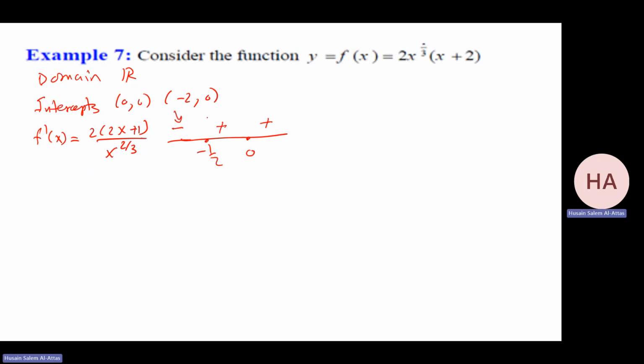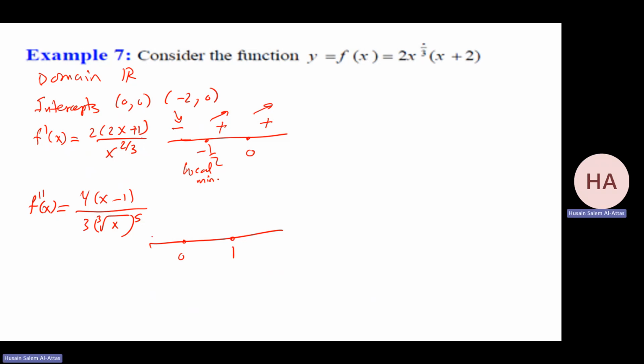So it's decreasing, then increasing, increasing. Okay. But I have a local minimum here. F double prime, if you do the calculations, you'll get something like this: 4x minus 1 over 3 cubic root of x to the power 5. So I'm concerned about 0 and 1. 0 and 1.